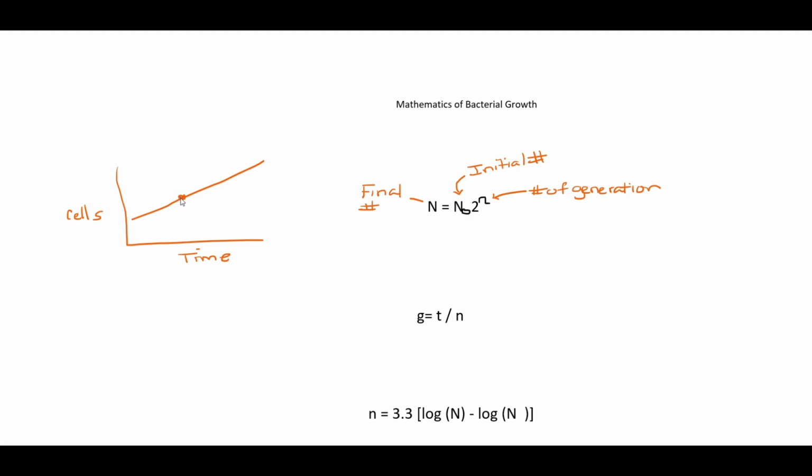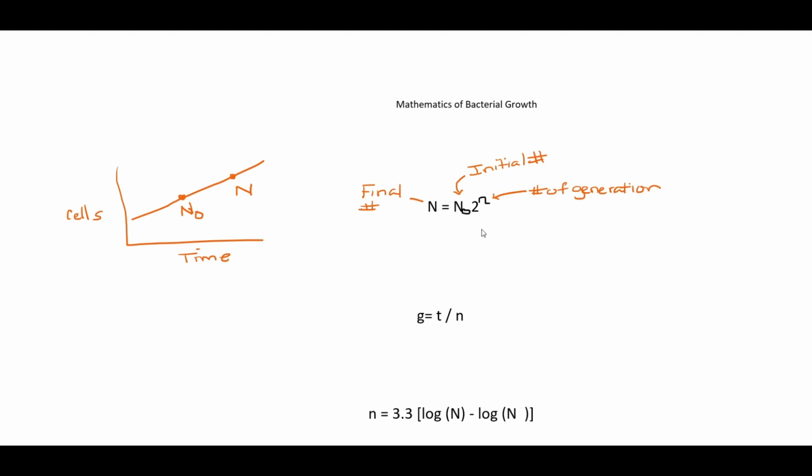This one would be your initial N, and then you'll have another point here, which would be your final number. And then you can plug in and end up finding n.